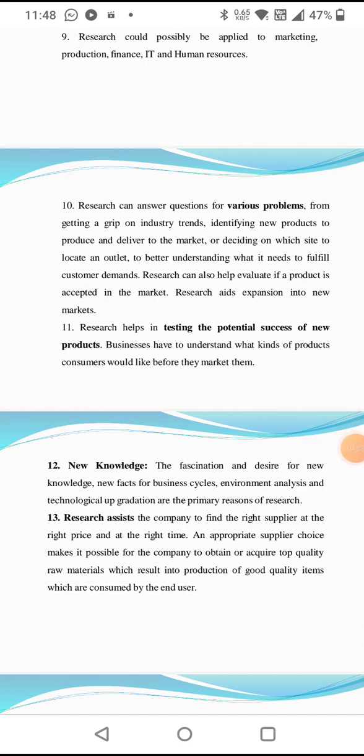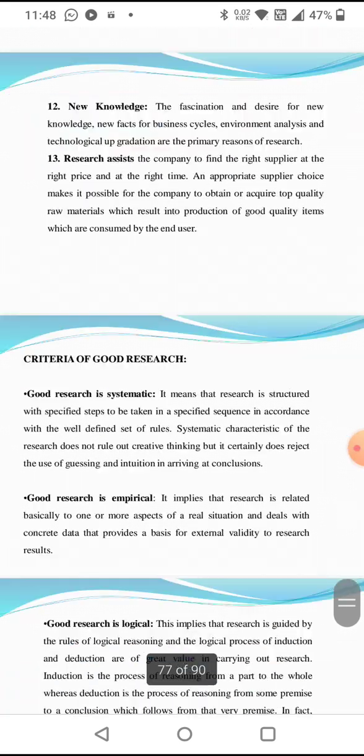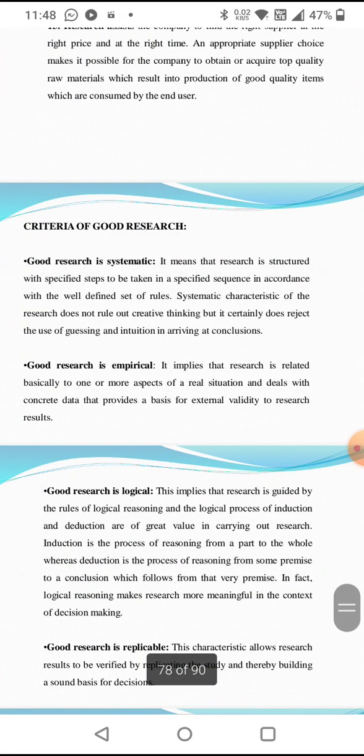An appropriate supplier choice makes it possible for the company to acquire top quality raw materials, which result in the production of quality goods which are consumed by the end user. So this was about the usage of research design in business.